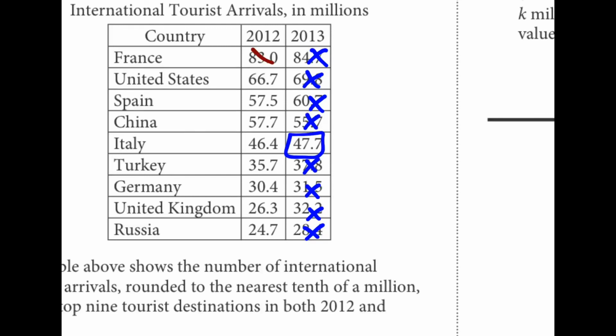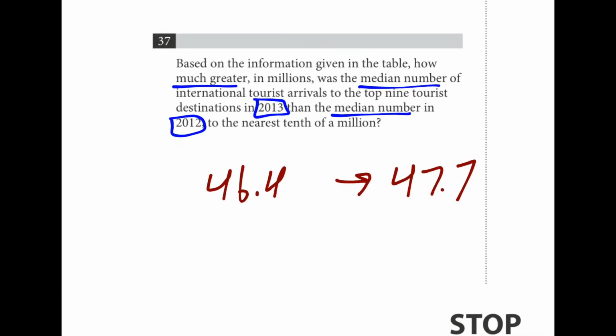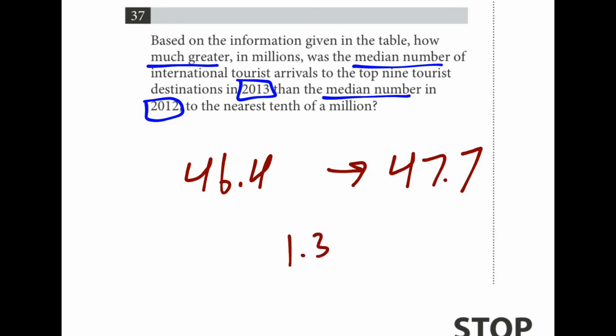If I do the same on the left, notice they're not quite in order here. I get 46.4. And these are in millions. So to the nearest tenth, 1.3. To subtract, the bigger minus the smaller.